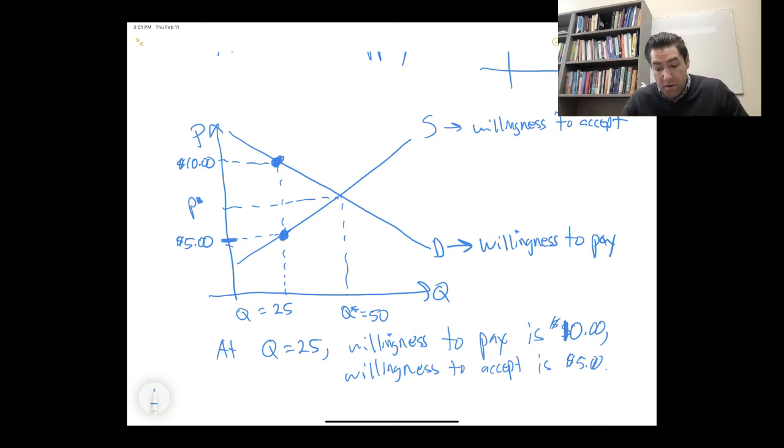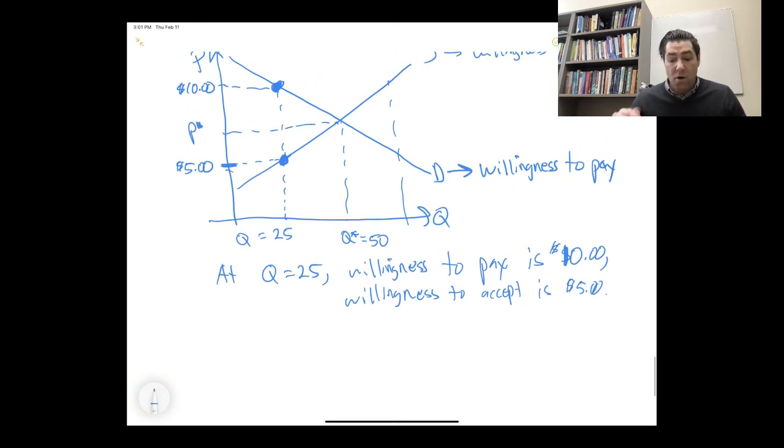Now, I could give you one hint where we're over on the other side, and then I have to think harder about when willingness to accept is higher than willingness to pay. But in this example, even if I didn't know exactly what the equilibrium quantity is, I do know that it has to be higher than 25.